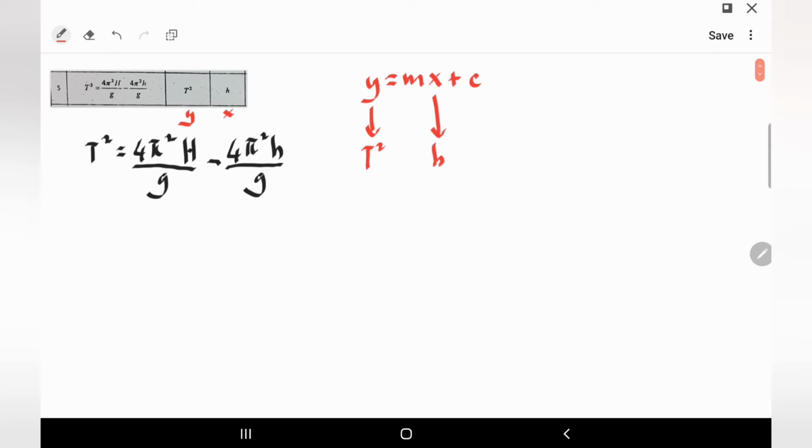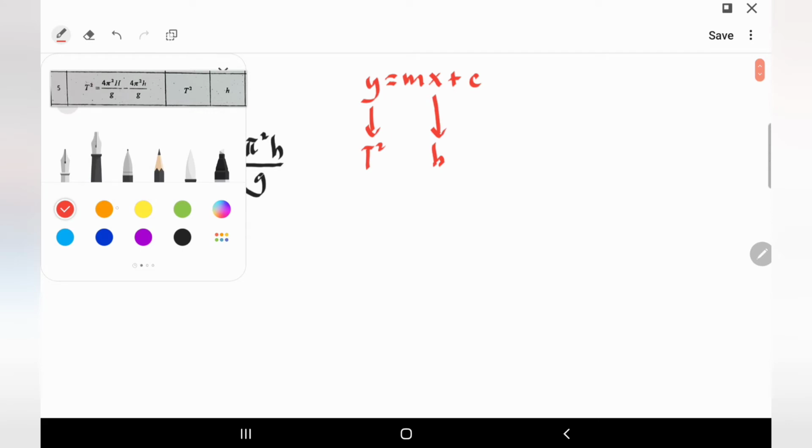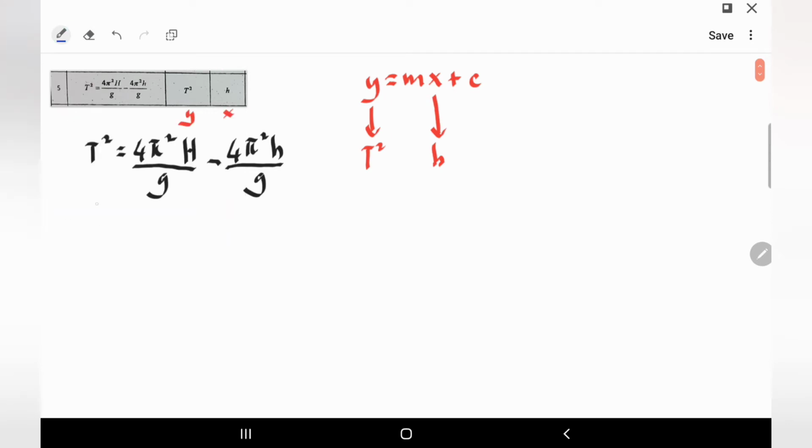By rearranging the equations, what do we get now? Supposed to be like this: t squared equals to negative 4 pi squared over g h plus 4 pi squared h over g.